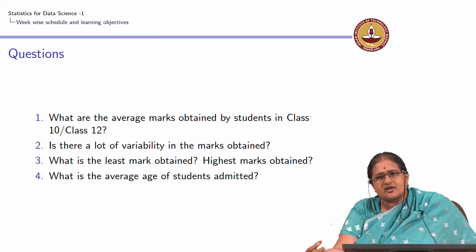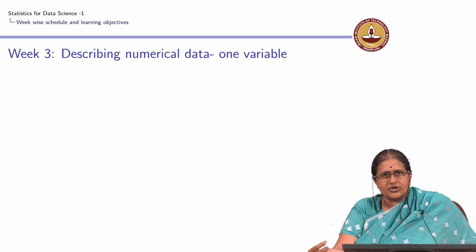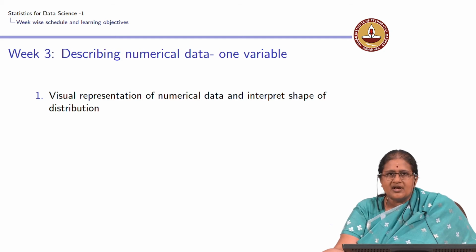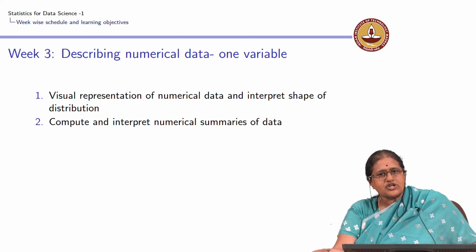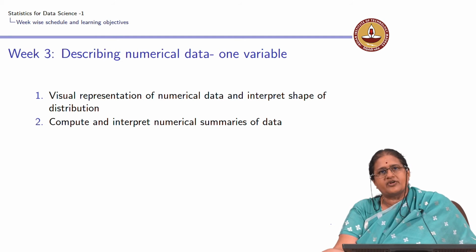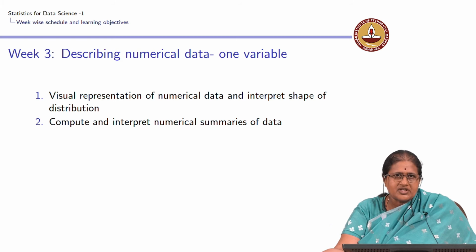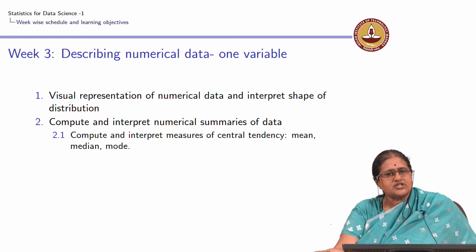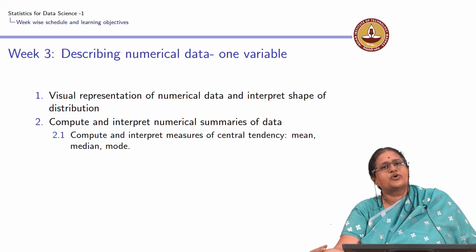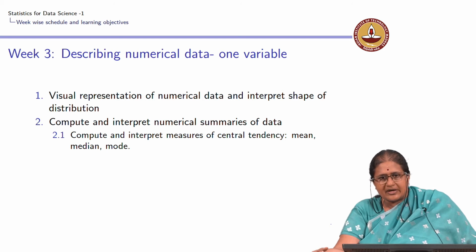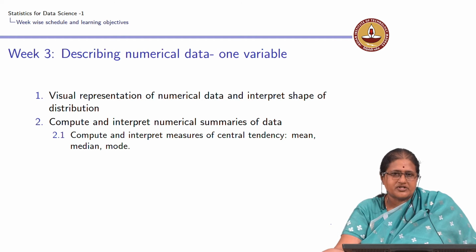So, in week 3, we are going to focus on how you describe numerical data using numerical summaries. While we focus on numerical summaries at this point of time, we also discuss graphical summaries of continuous data, but the focus during this week is going to be pretty much on how you compute the well-known measures, or how you summarize this data using numerical measures.